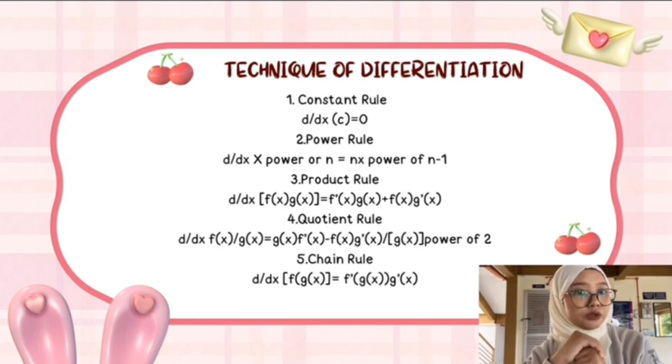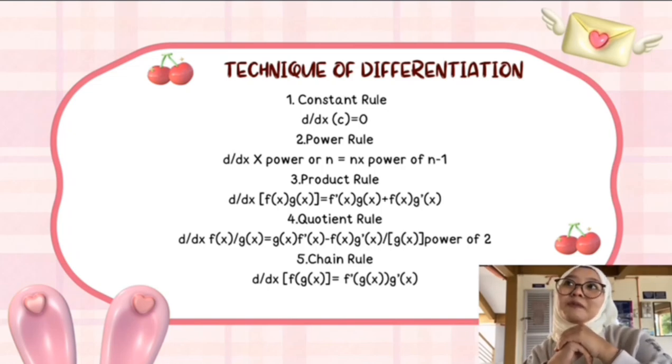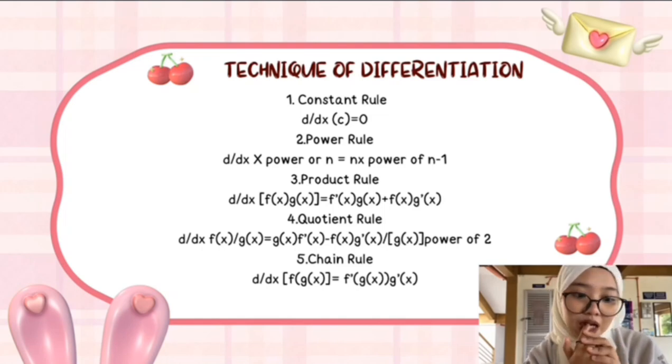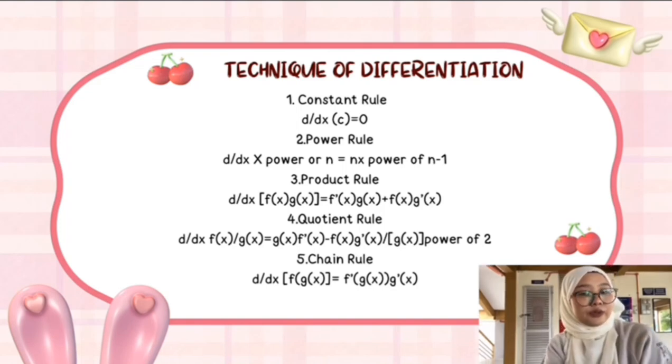Another one is the quotient rule, which is d/dx of u over v equal to vu prime minus uv prime, divided by v squared. And the last one is the chain rule.